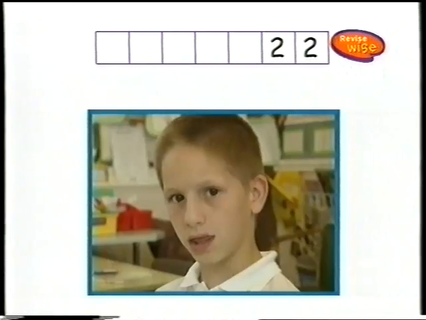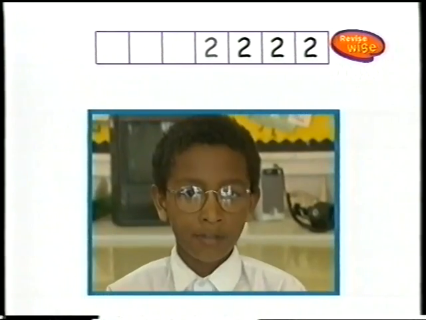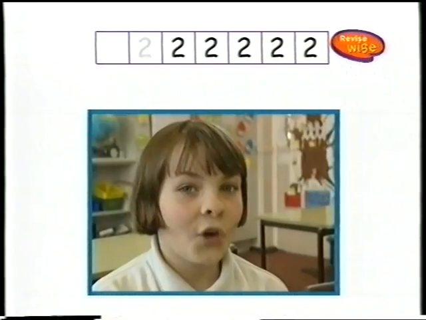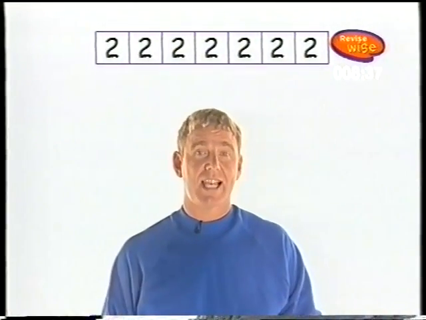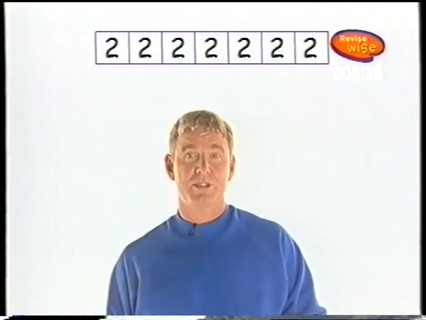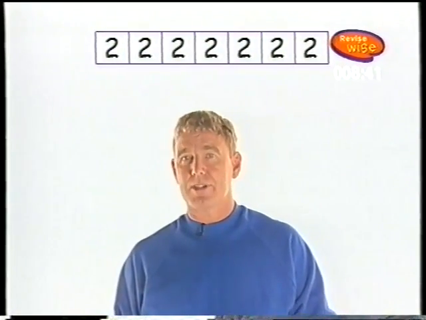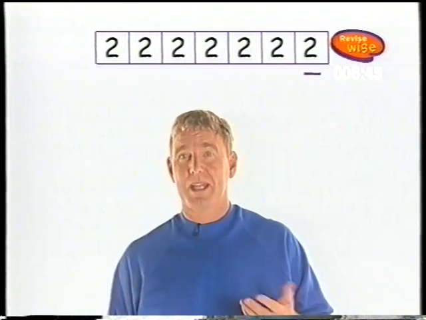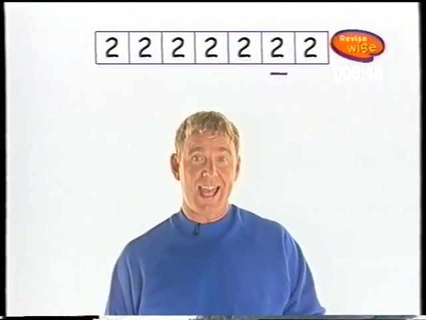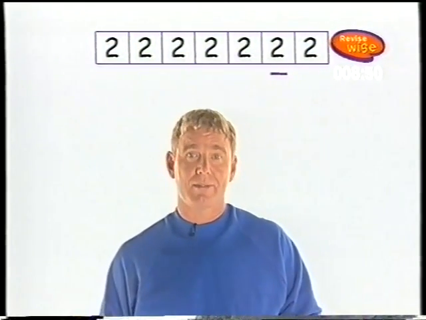Units, tens, hundreds, thousands, 10,000s, 100,000s, millions. All these digits are the same. They're all 2s. But they mean something different depending what place they're in. When it's there, it means 2. When it's there, it means 20.